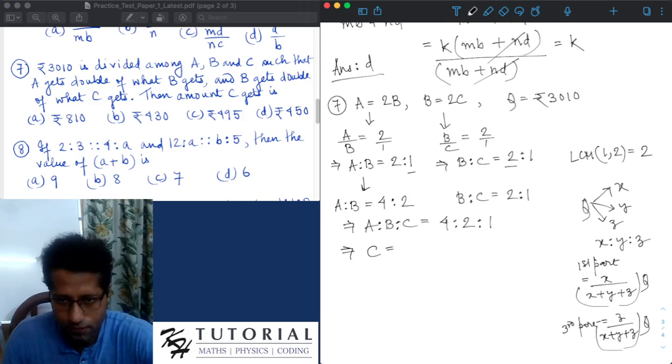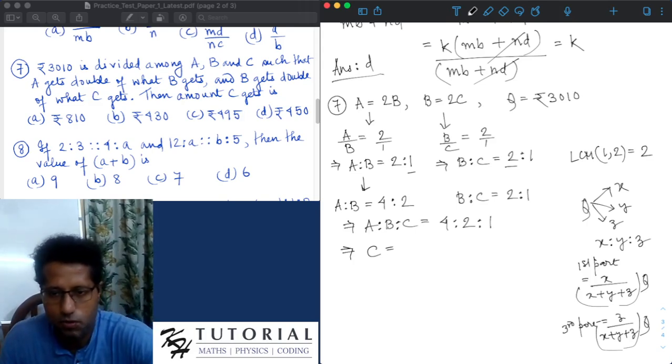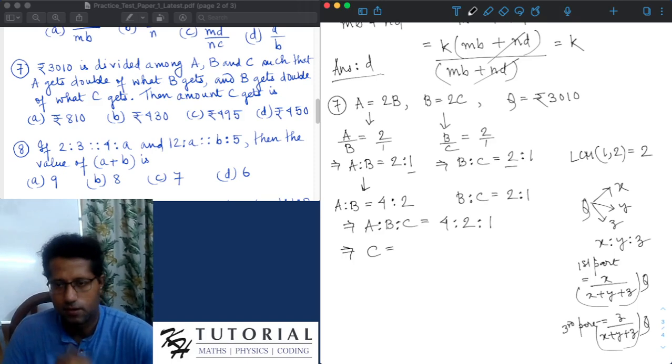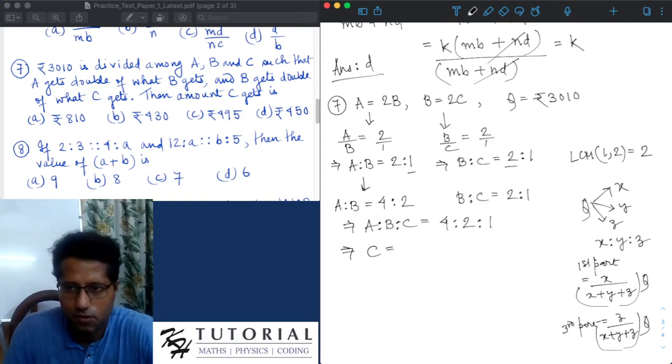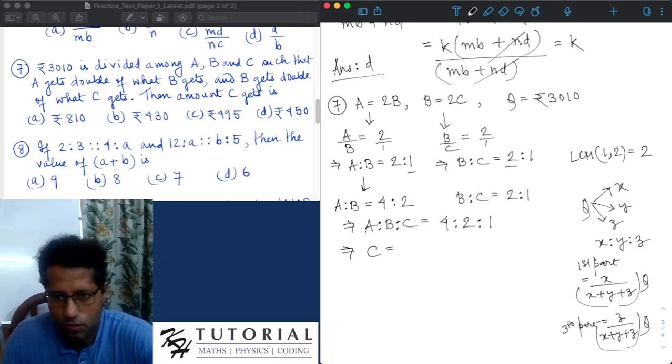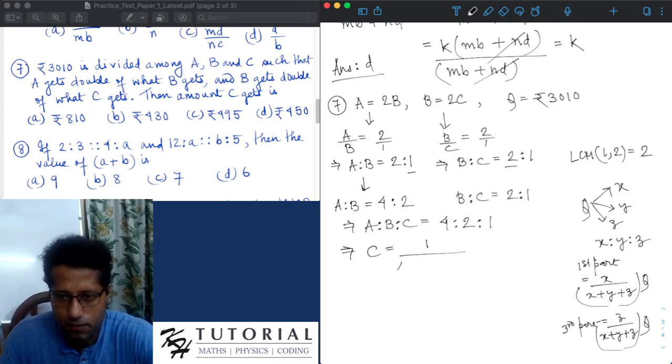So we have A is to B is to C equal to 4 is to 2 is to 1, and we know that the total amount, that is A plus B plus C, is given to be rupees 3010. So the amount of C will be 1 divided by 1 plus 2 plus 1, because the term corresponding to C is 1 in the ratio, into the total amount, rupees 3010.